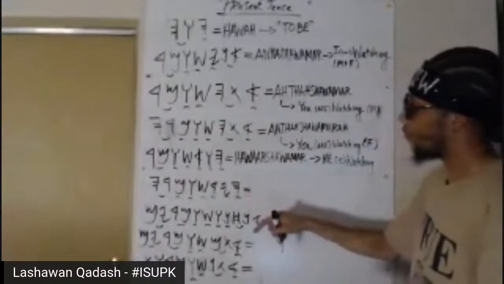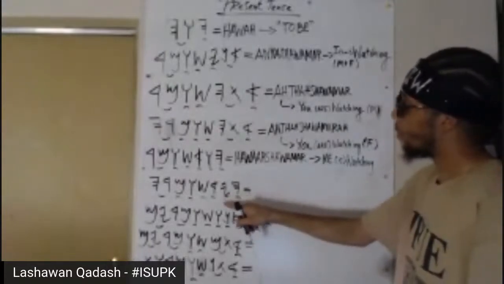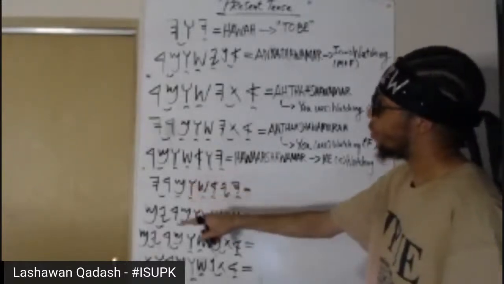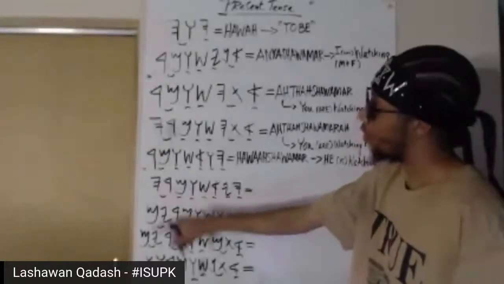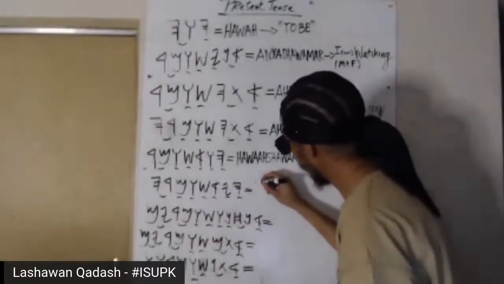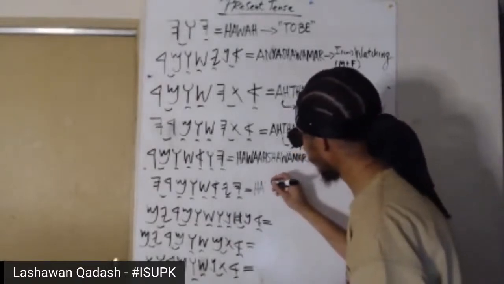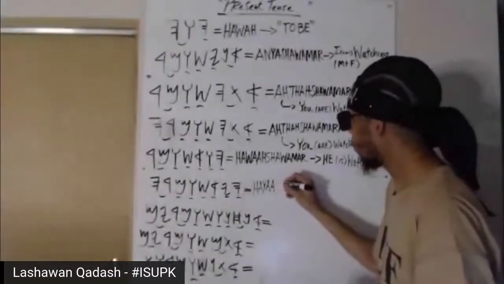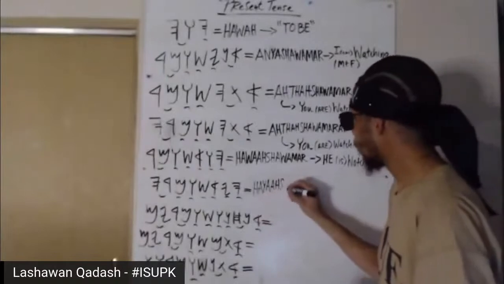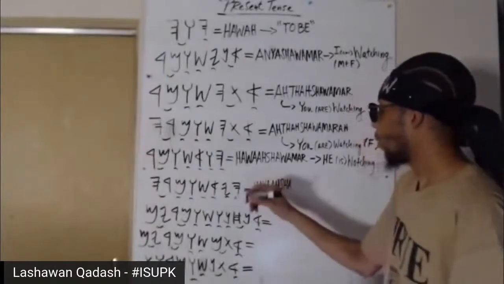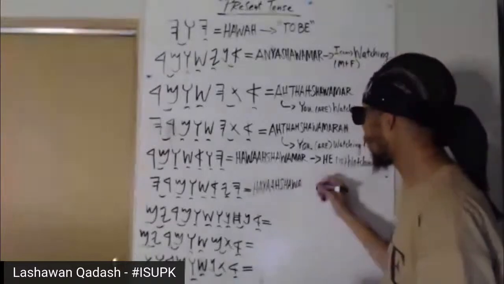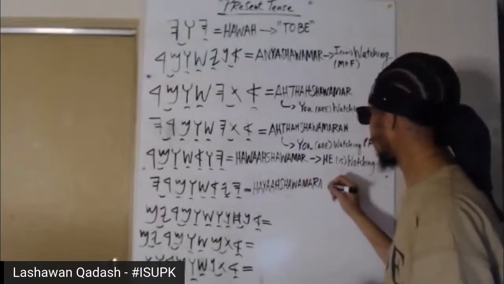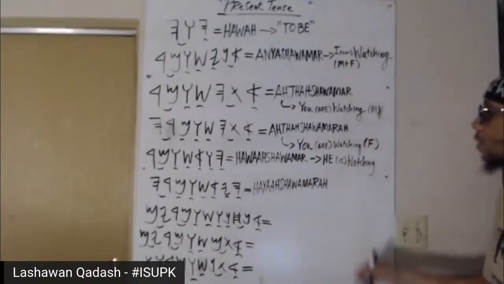So the next one, ha by itself, ya, a, sha, wa, ma, and then the ra and the ha is connected. So let's break it down. H-A-Y-A, then you have the sha, you have the wa, then you have the ma, and the ra with the ha, which gives you R-A-H.